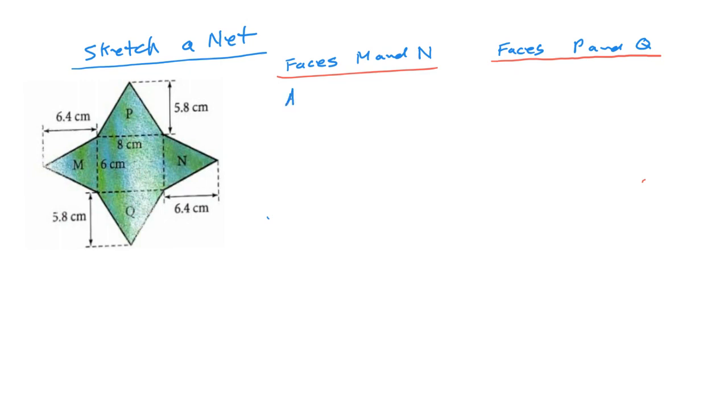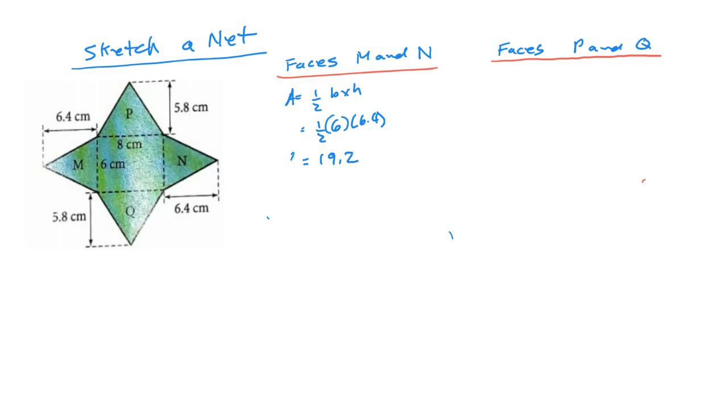So the area is equal to 1/2 B times H for our basic triangle. So let's just calculate 1 and then we'll multiply it by 2. So we got 1/2 of 6 times 6.4. And that gives us 19.2.